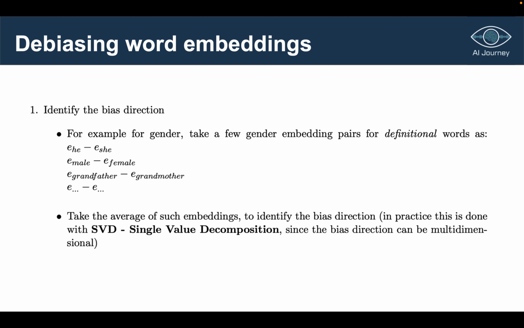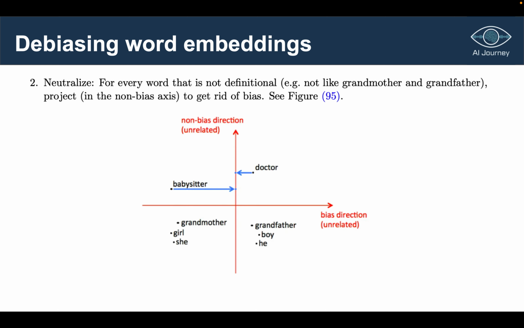To do so, we subtract every two opposite embeddings, like he and she, male and female, grandfather and grandmother, and so on, in order to get one direction of the bias. Having those subtracted vectors, we do something like SVD, or a simple average can work here, and we get an idea of where the bias direction is in our space.